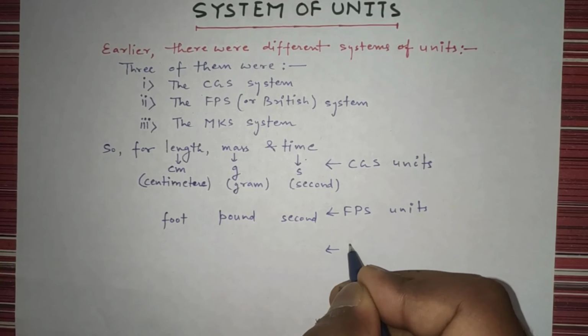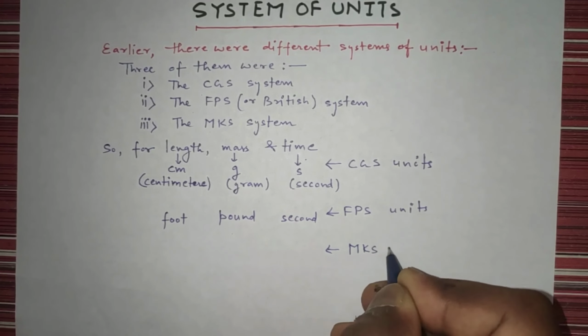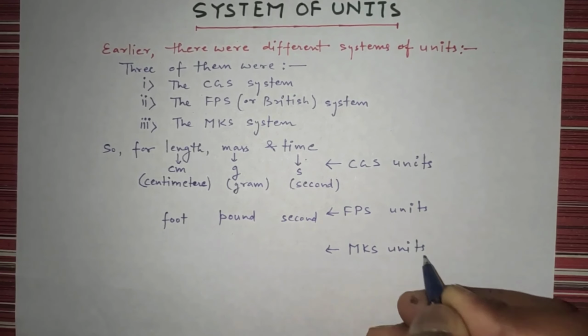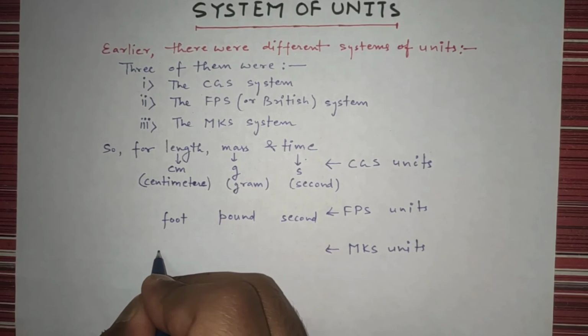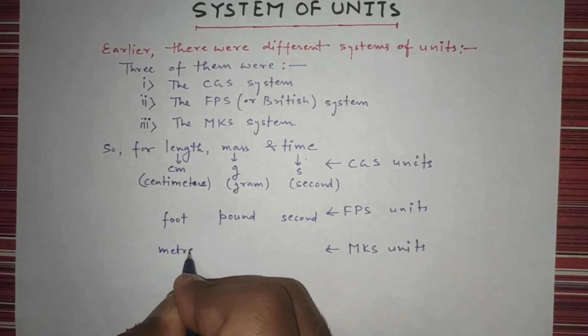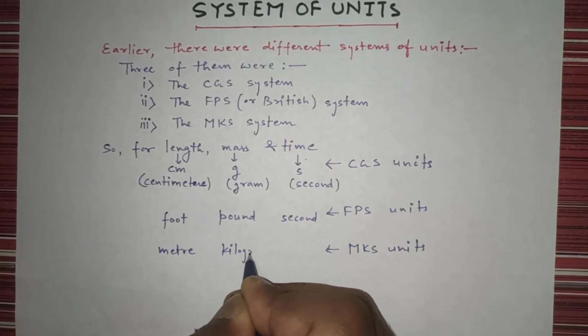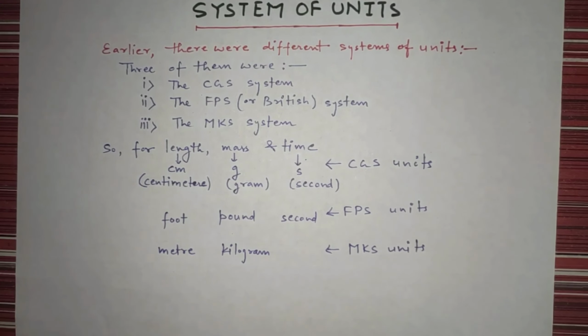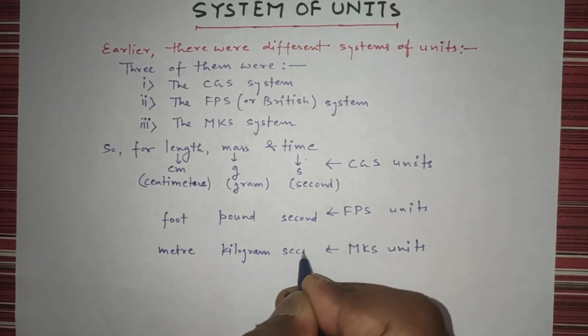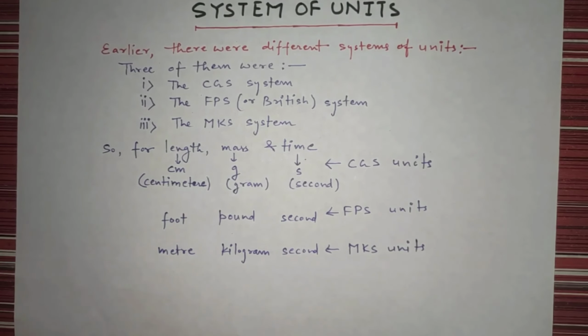In MKS units, for length it is meter, for mass it is kilogram, and for time it is second.